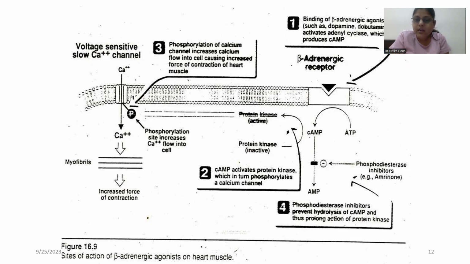And phosphodiesterase inhibitors inhibit the hydrolysis of cyclic AMP into 5' AMP. So cyclic AMP action will be increased, more protein kinase will be produced, phosphorylation will take place, and that will lead to increased calcium channel phosphorylation, leading to increased inflow of calcium from outside of the cell to inside, and there is increased force of contraction.